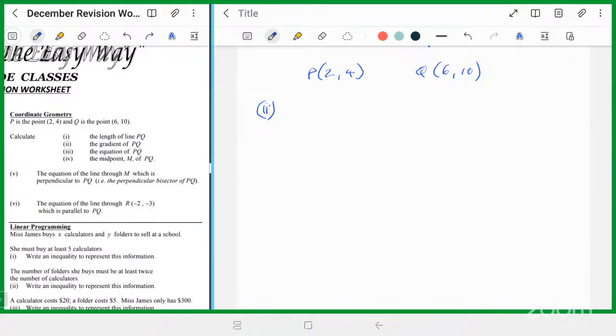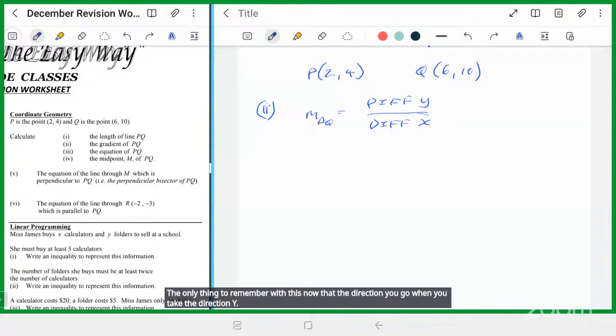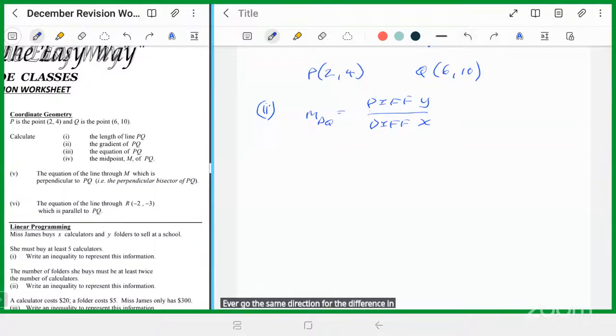So the gradient, let's use m, of PQ is difference in y over difference in x, because remember, it is rise over run. Rise is the difference in y, and run is the difference in x. The only thing to remember is that the direction you go when you take the difference in y, you have to go the same direction for the difference in x. You cannot change the direction because gradient has a direction component to it.